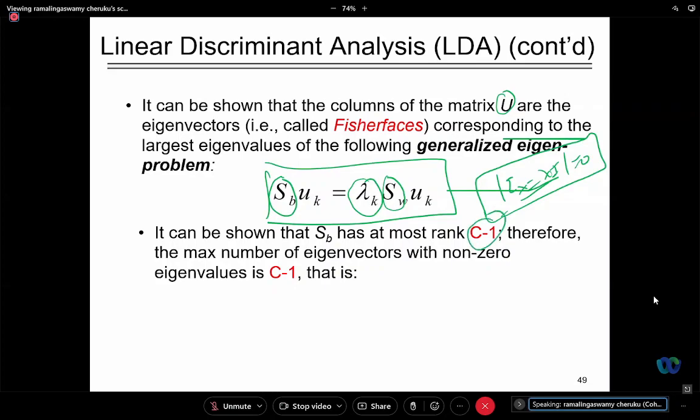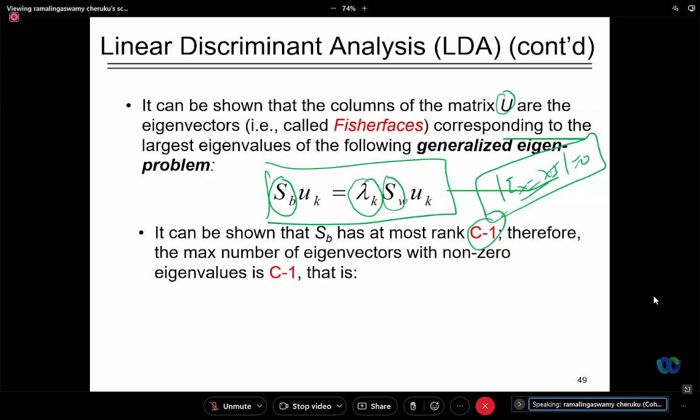Theoretically it is already proved that the maximum rank of SB is C minus 1. The maximum rank denotes the maximum size of the square matrix whose determinant is not zero, which is not singular.